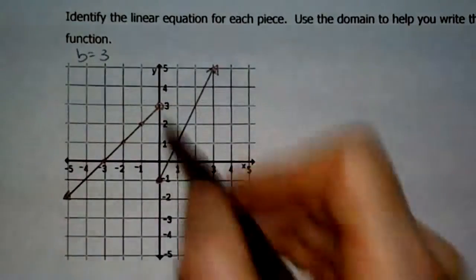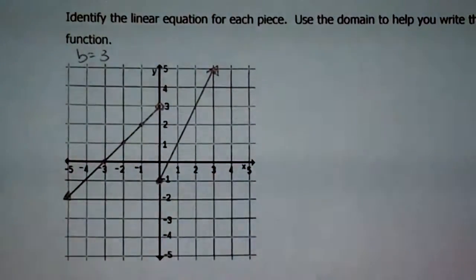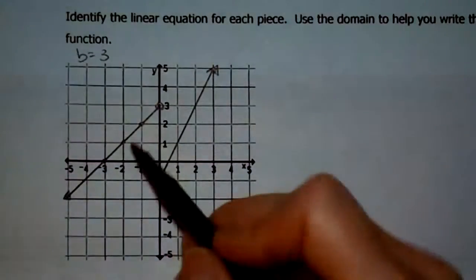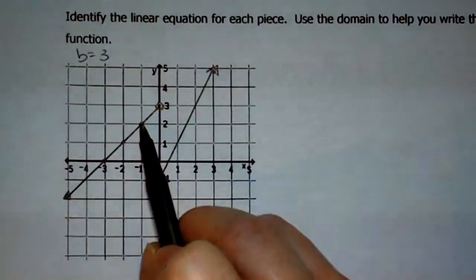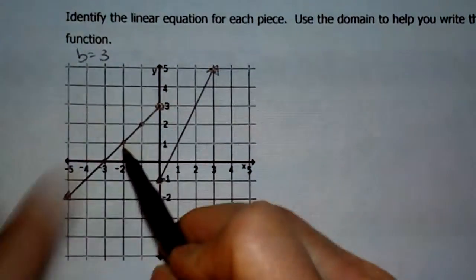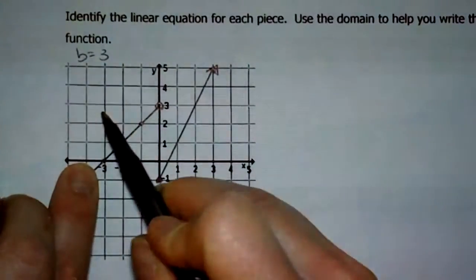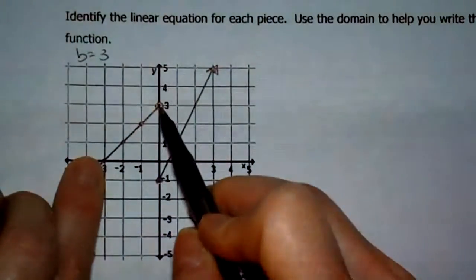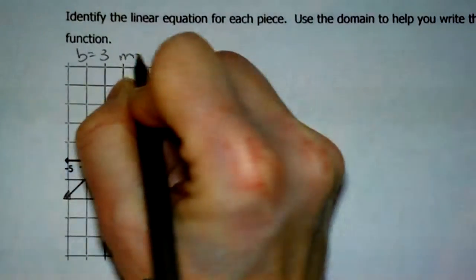to highlight. So on this one, to get from one point to the next, choose any 2 points you want. So let's say I want to go from here to here, or here to here you might do. You have to go up 1, right 1. If I chose to go from here to here, I would go up 2, right 2. From here to here, I go up 3, right 3. No matter what, 3 over 3, 2 over 2, 1 over 1, they all simplify to 1.